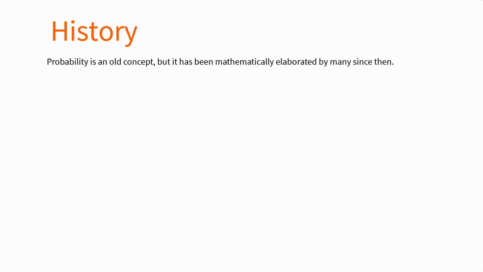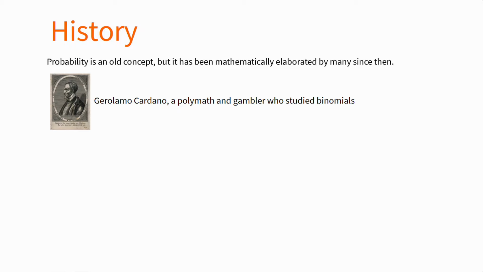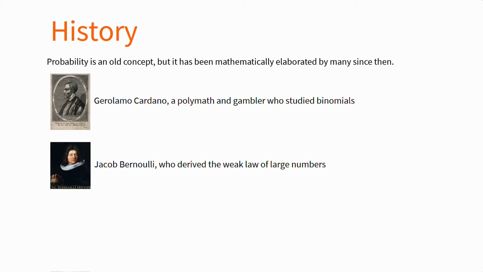Why are we talking about games? Well, probability is an old concept, but probability theory was initially made out of love for games of chance, with Girolamo Cardano, the gambler who started it. Then there was Jacob Bernoulli, who was able to prove some predictable behavior over large numbers.